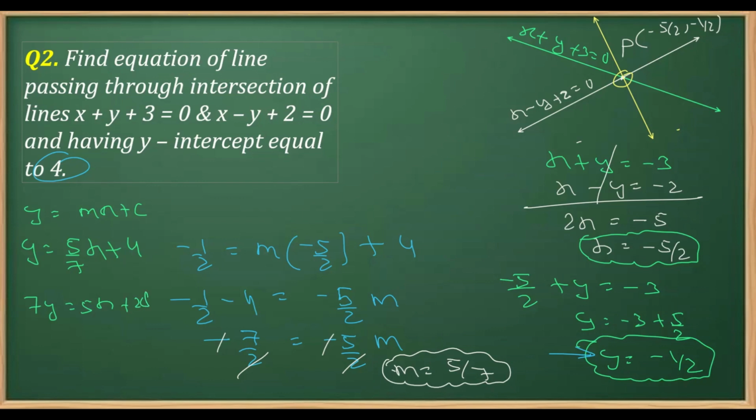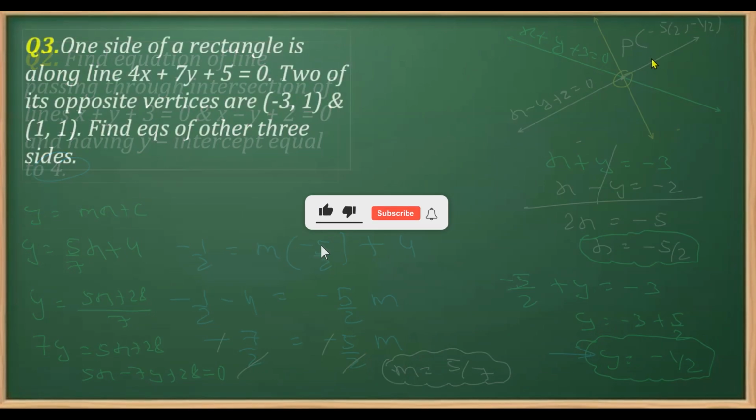Let me show you the working: I took LCM as 7, so this comes out to be 5x plus 28. Further on transposing, 7y is equal to 5x plus 28. You may rewrite this equation as 5x minus 7y plus 28 equals 0. That's how we'll do the second one.